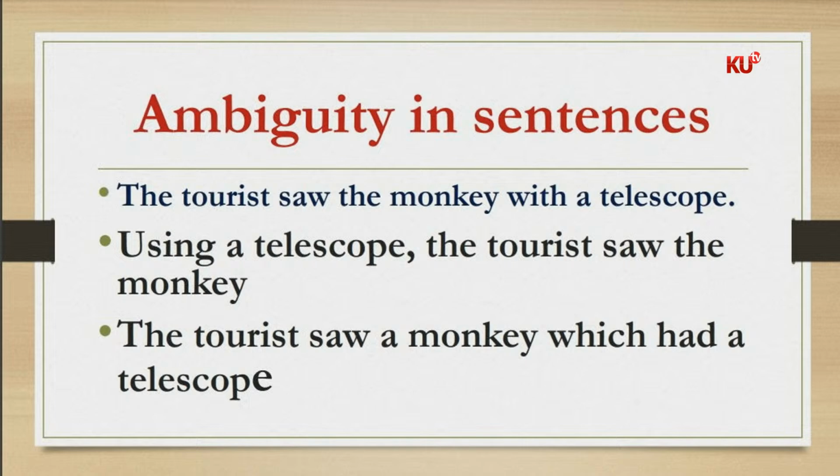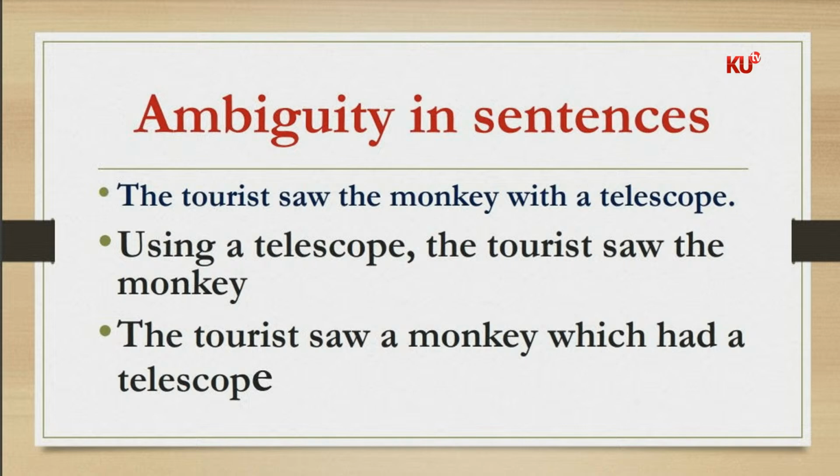The second meaning of the sentence, the tourist saw the monkey with a telescope, is this. Remember in our first instance, it's the tourist who had a telescope, and he used the telescope to see the monkey. In our second sentence, we have the tourist, and then we have the monkey who has the telescope.